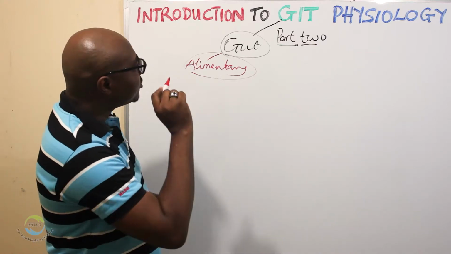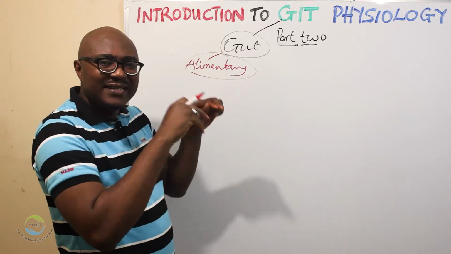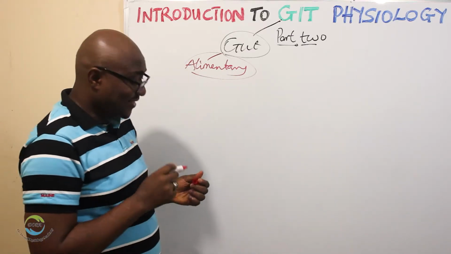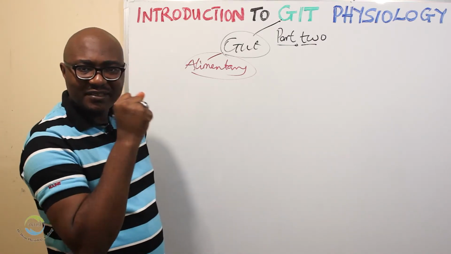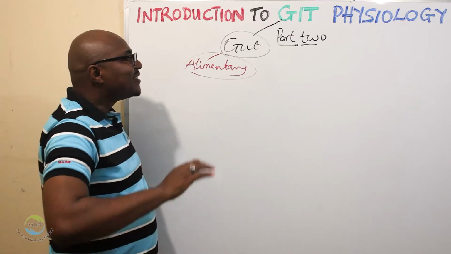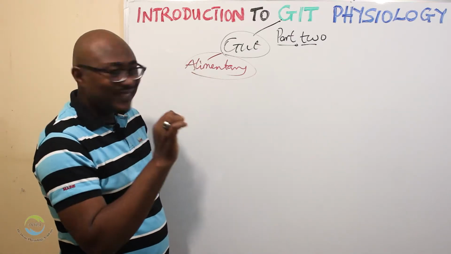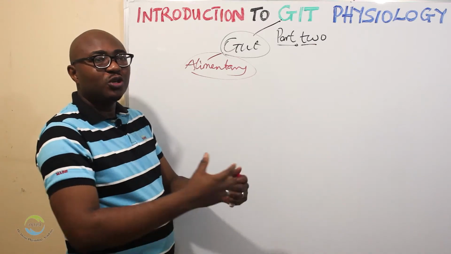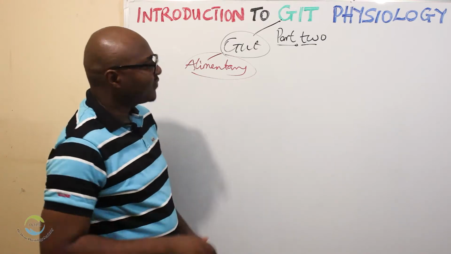So today, the special thing we're going to be talking about is the innervation of the GIT. Now, the GIT is very special in the sense that it's the only part of the body that can function without the involvement of the central nervous system.